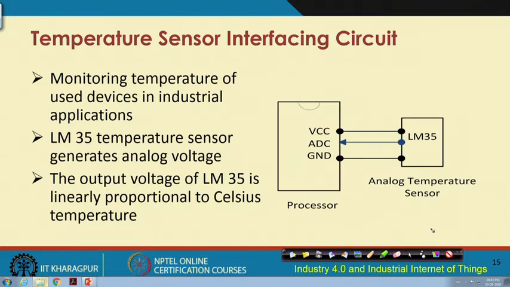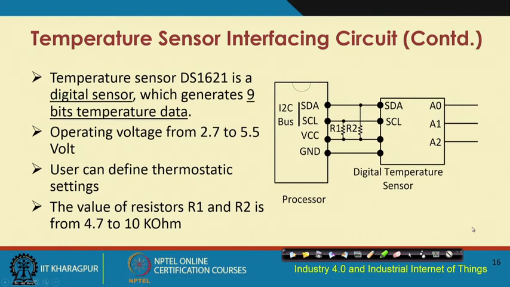We will go back and proceed further. As I was telling you, temperature sensors are very important. I have shown you an analog temperature sensor, but we could also have digital temperature sensors.